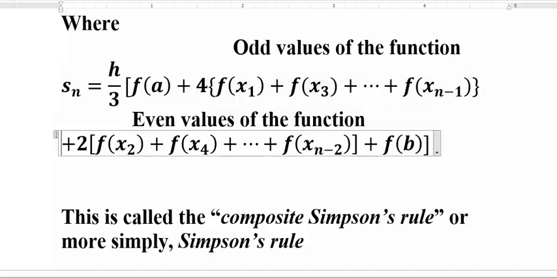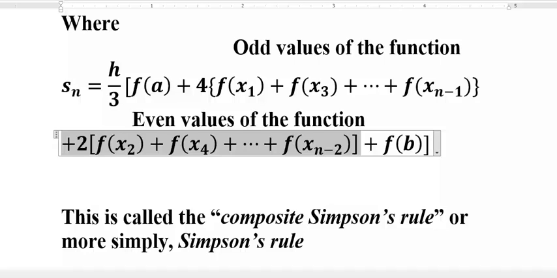Plus 2 times the summation of even values of the function, f of x2 plus f of x4, and so on. This is the composite Simpson rule: h over 3 times f of a plus f of b, 4 times the summation of odd values of the function, and 2 multiplied by even values of the function. Let us take an example to understand.